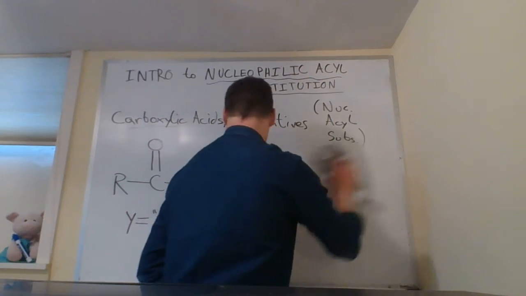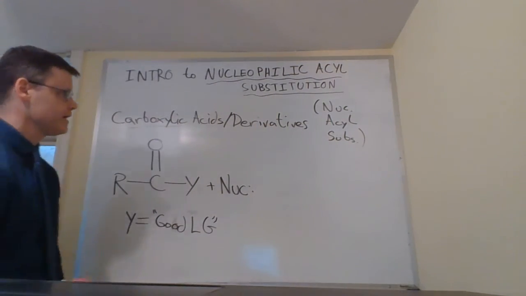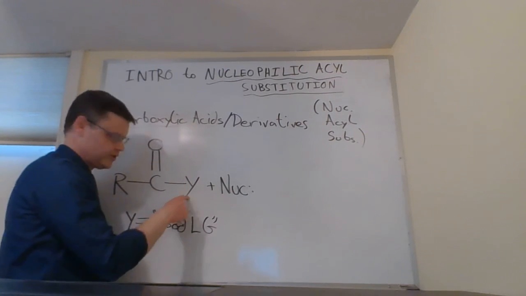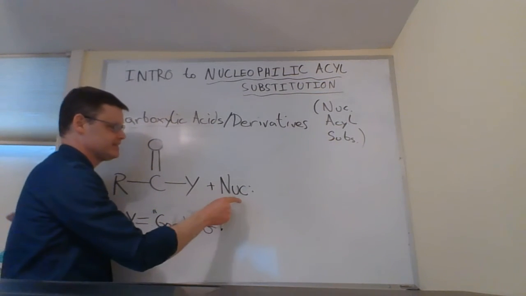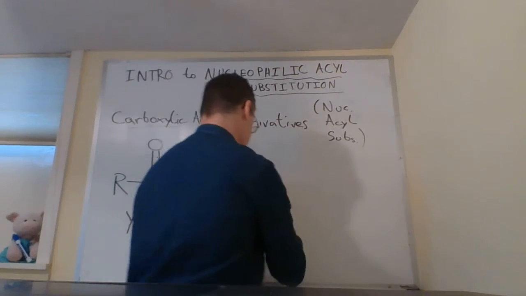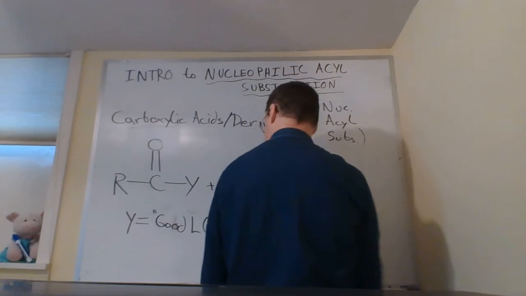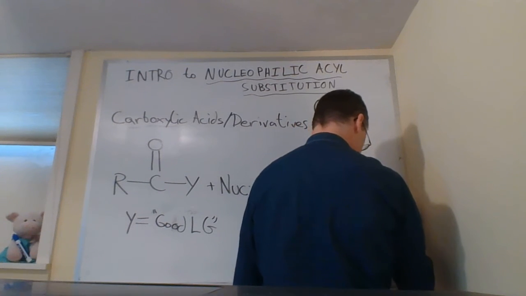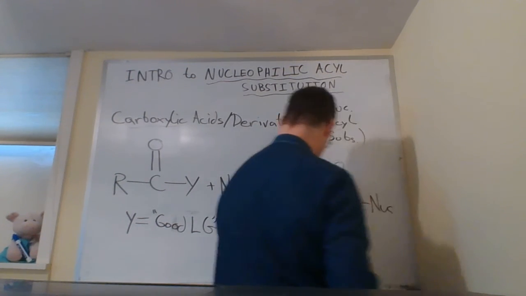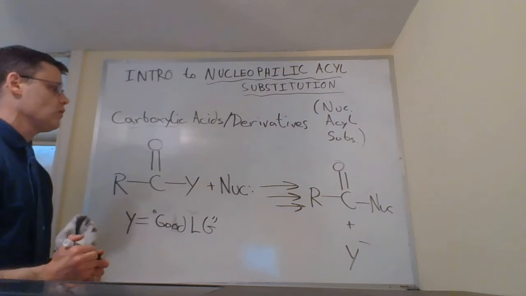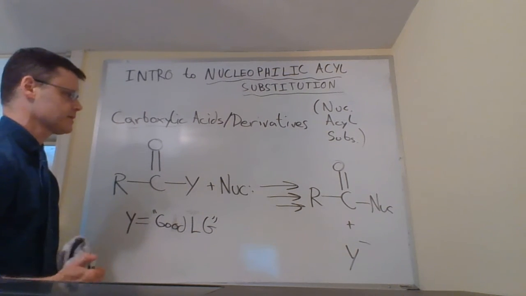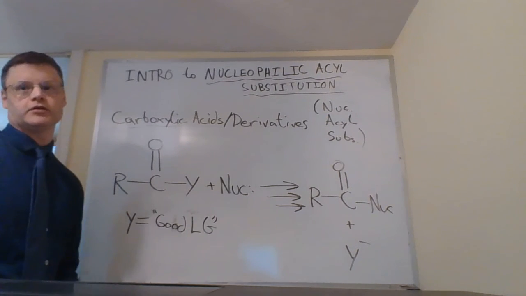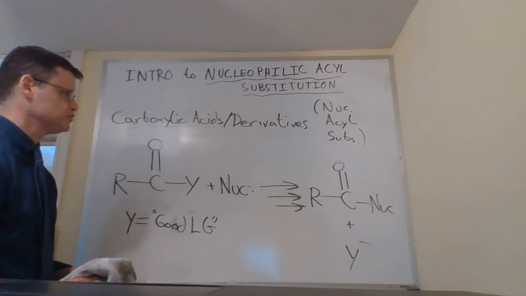What's happening in nucleophilic acyl substitution is our good enough leaving group Y is going to get substituted now with the nucleophile over several steps, plus Y minus. So you can see something different is happening based on how good of a leaving group we have here at this acyl position.